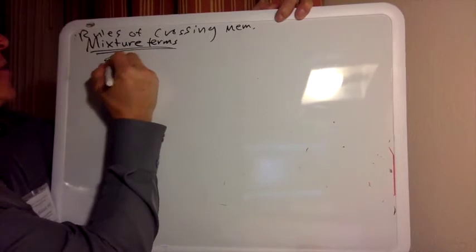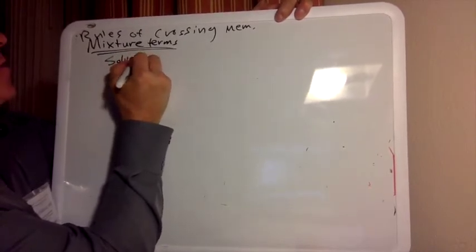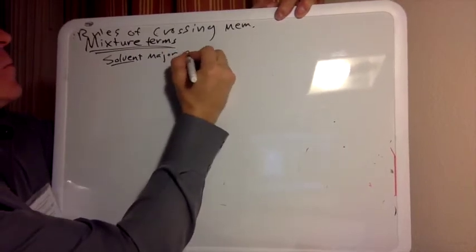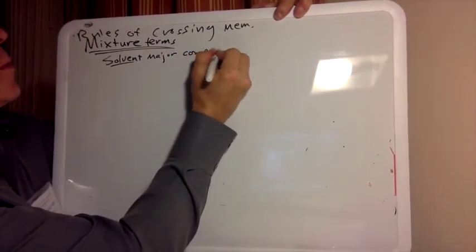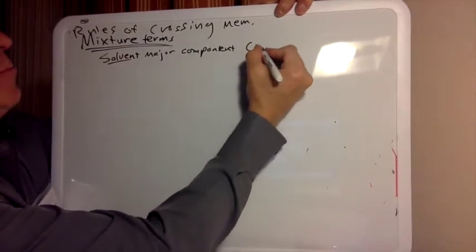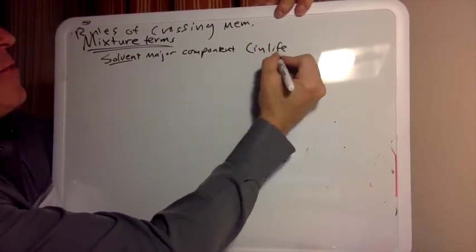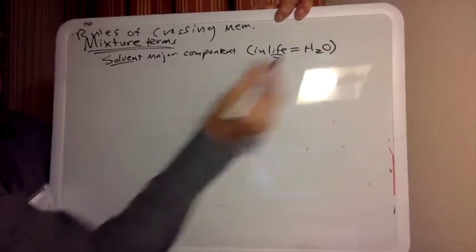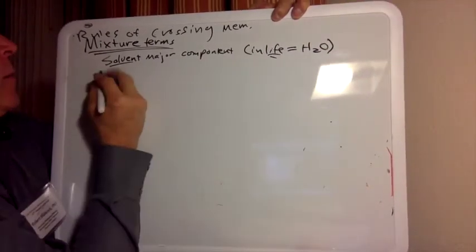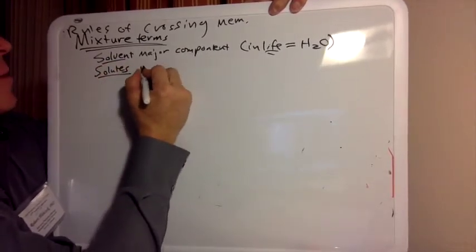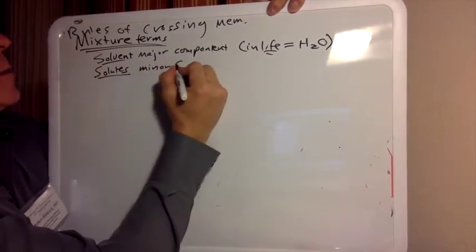So remember that we had the solvent, which is the major component of a mixture. And of course, in biology, in life, it's always H2O, your friend that you know so well. Then we have solutes, and the solutes are the minor components.